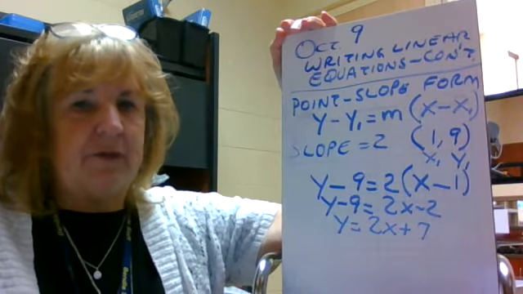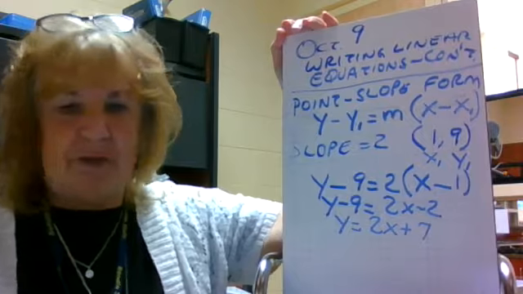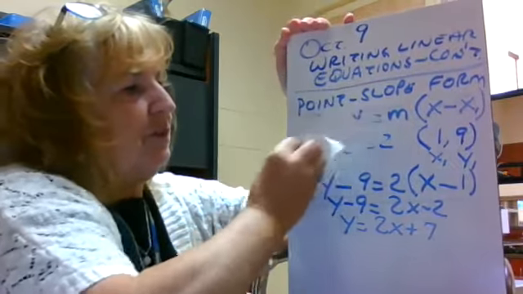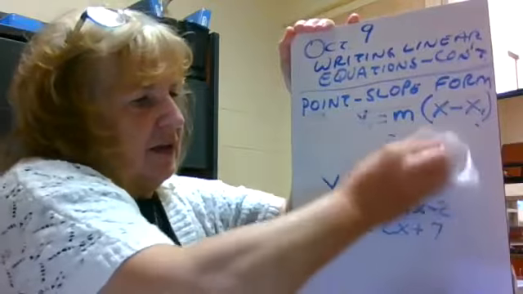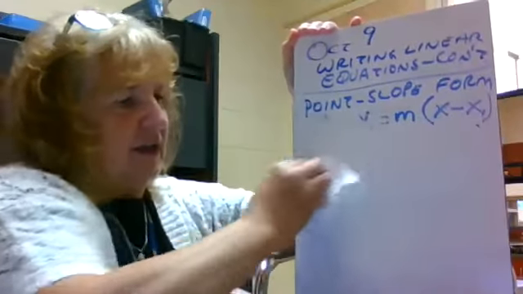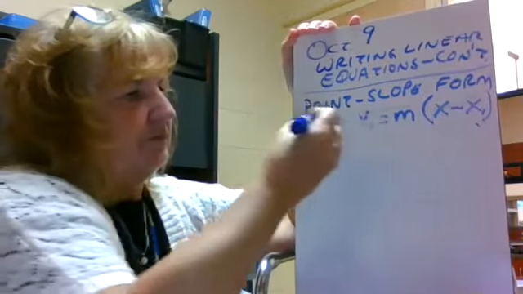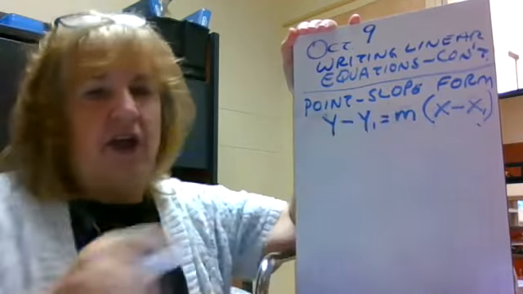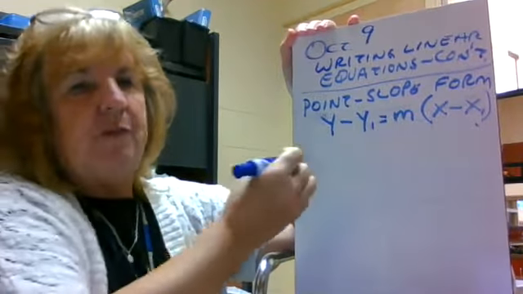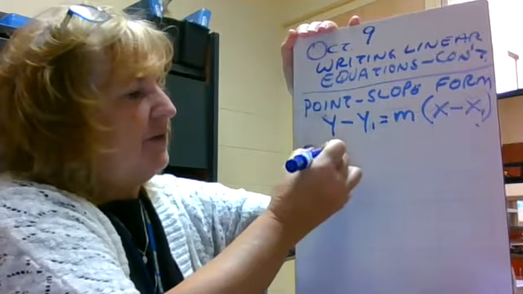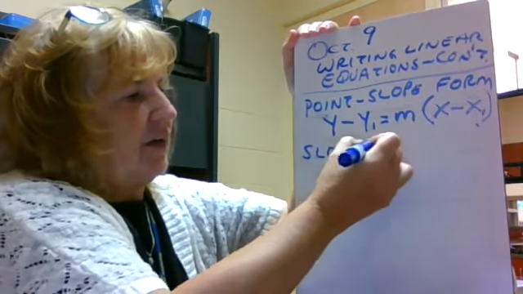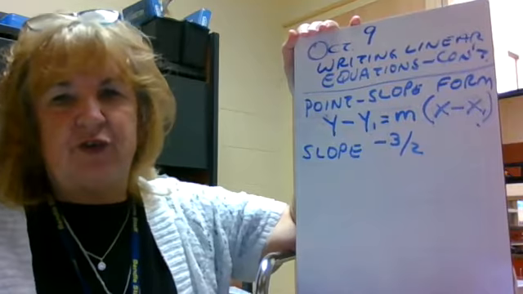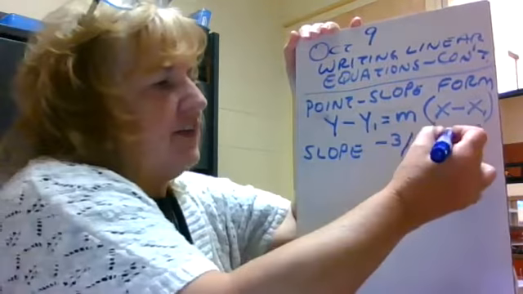If you look at example number 2, still on the bottom of page 6, in this particular problem, you are told that you have a slope of negative 3/2 and it passes through the point (4, 6).